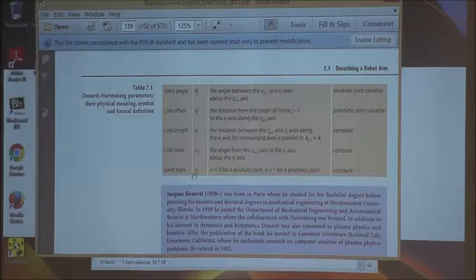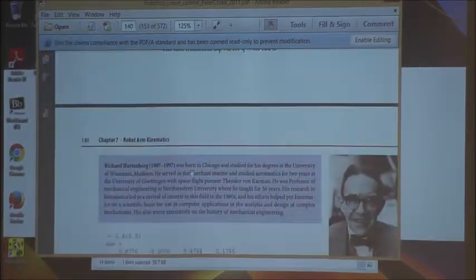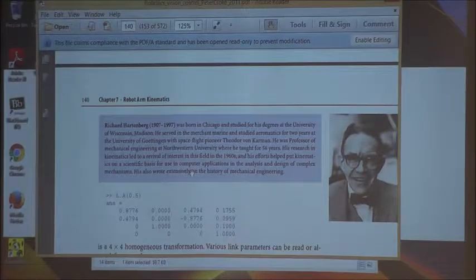You can see more joints also, besides prismatic and revolute. The nice thing about the author is that it also carries a history of robotics along the discussion of the concepts, and it also introduces you to the robotic toolbox as we go along.